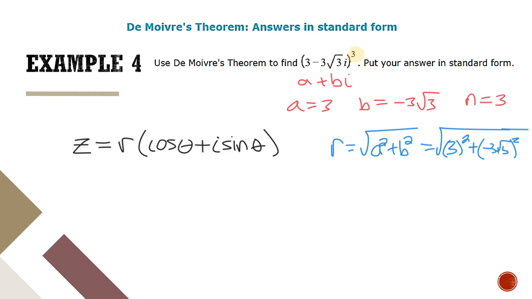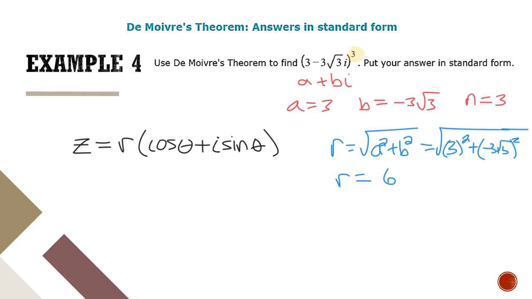If we type that into a calculator, we should get that my radius here is 6. Again, this squares to 9, and the other turns into 9 times 3, which is 27. 27 plus 9 is 36. So the square root of 36 is, in fact, 6.